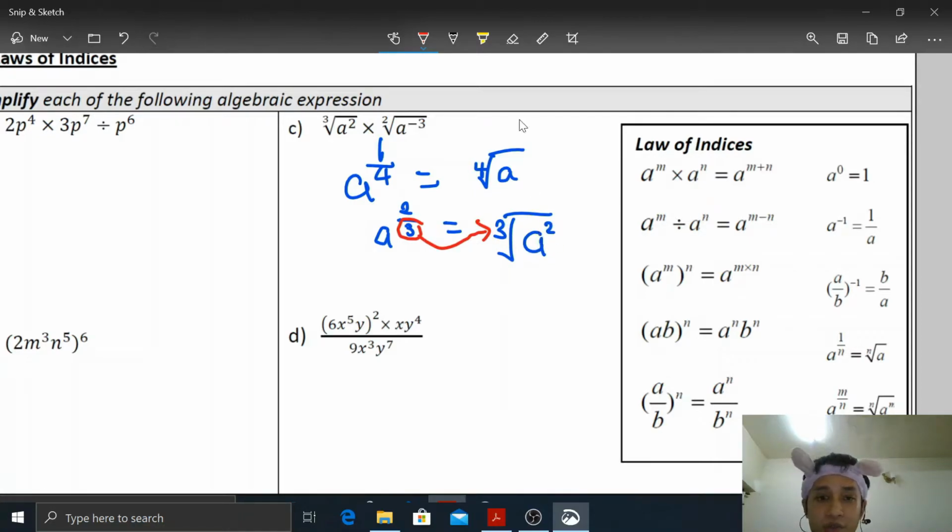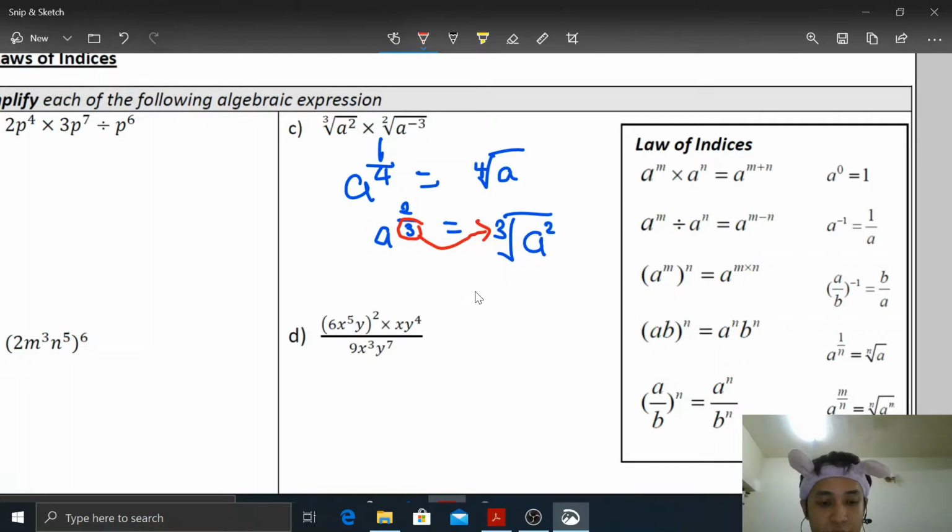I need you to remember this, m over n. This one is m. If you write any number, the bottom part will always be outside, and the top will be the one inside, so it will be surd 3 over a 2.